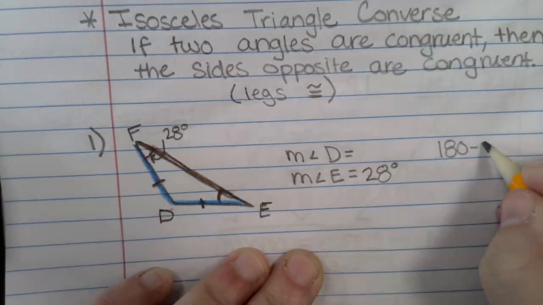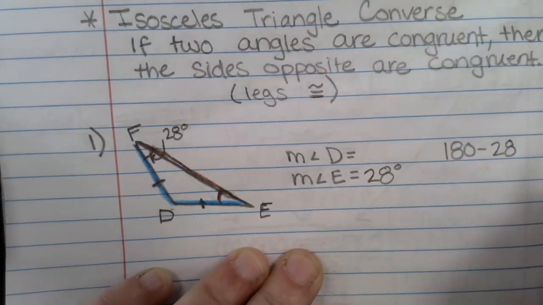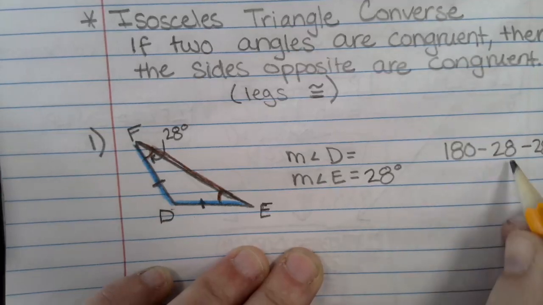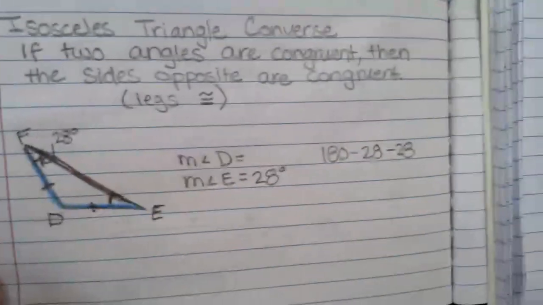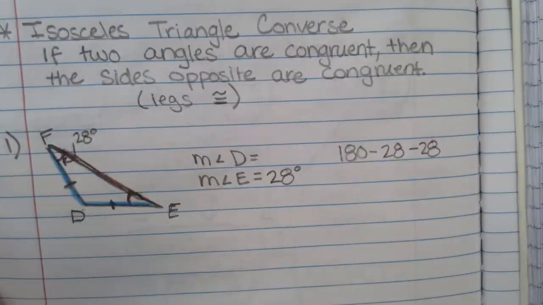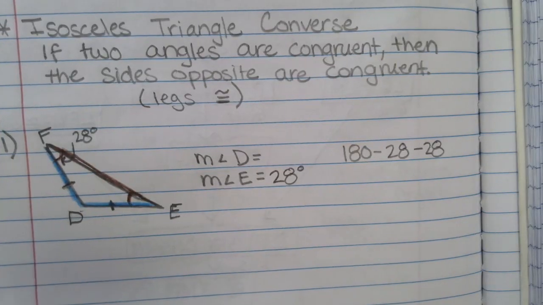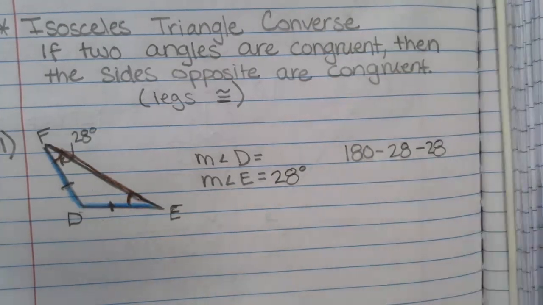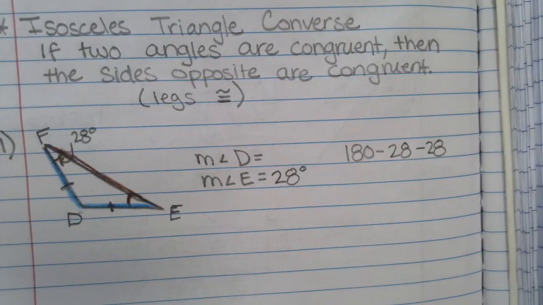Minus 28, just one of them? Minus two of them, so minus 28, minus 28. Some people might have done 28 and 28 together first and gotten 56, and then done 180 minus 56. I apparently don't have my calculator back here, so someone's got to help me with this.